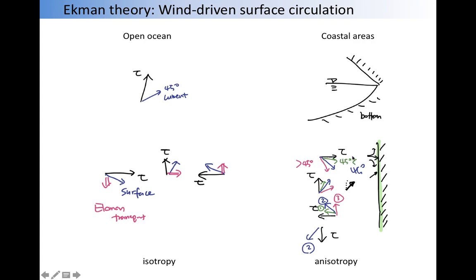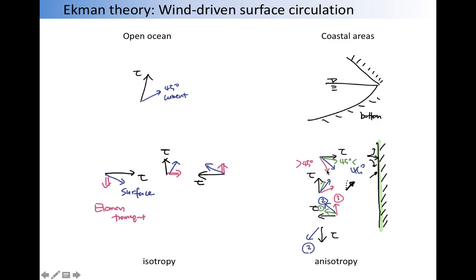So if you move your domain from the open ocean to the coast, the directional response may be affected by this constraint. If you have onshore wind, it may be 45, but the flow that hits the coast has to detour, right? So the response may not be exactly 45, it should be greater than that.